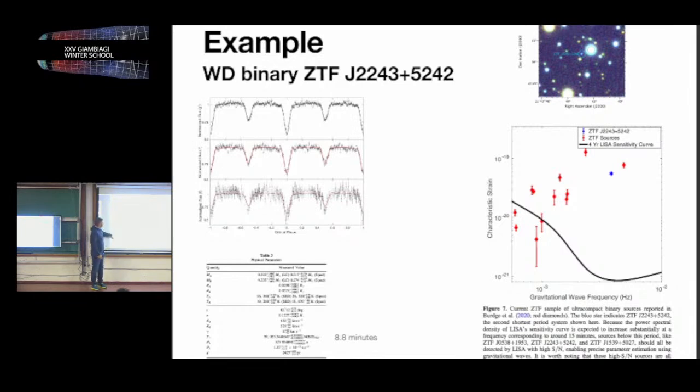This specific signal is this one. I took it from a paper describing that specific event, and they put it into context with other events that people have found. This is done with the Zwicky Transient Facility, which is surveying, I think, at the Palomar Observatory in California.